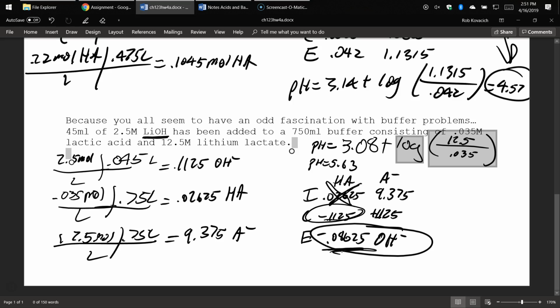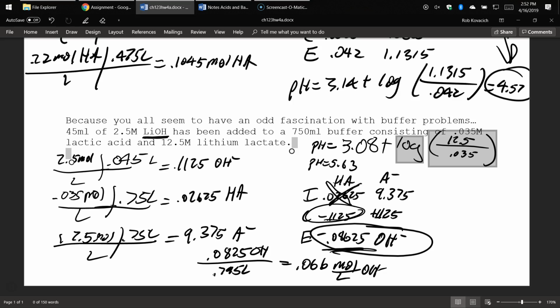So now I can do the same thing that I did earlier and take the remaining moles of hydroxide. So 0.0825 moles of hydroxide divided by the total volume, which in this case is now going to be 0.795 liters. So that'll be 0.0825 divided by 0.795. And so we end up with 0.066 moles per liter OH.